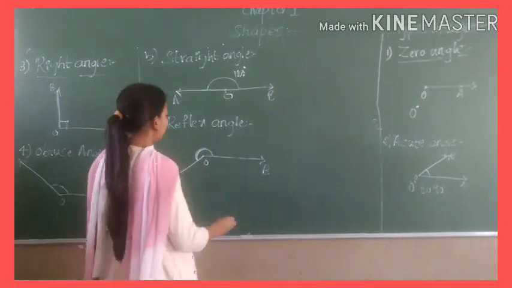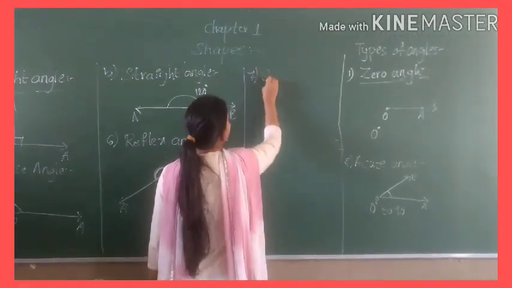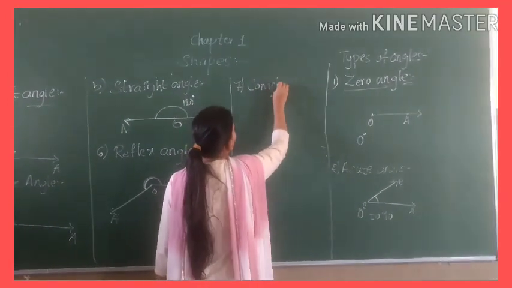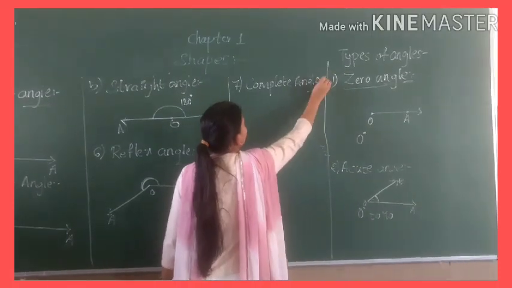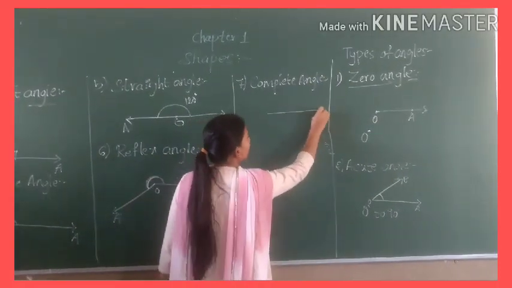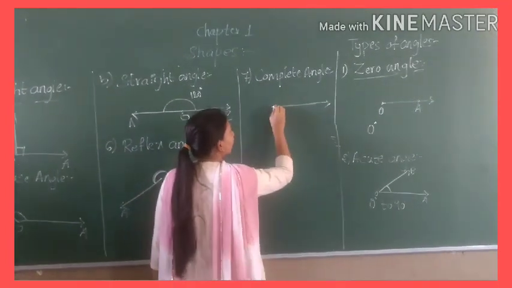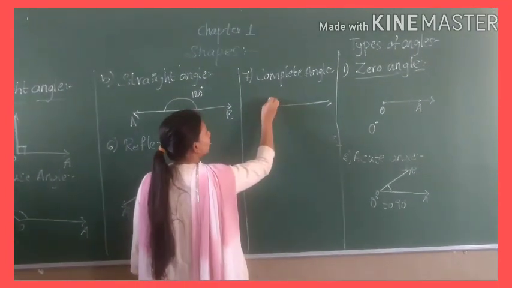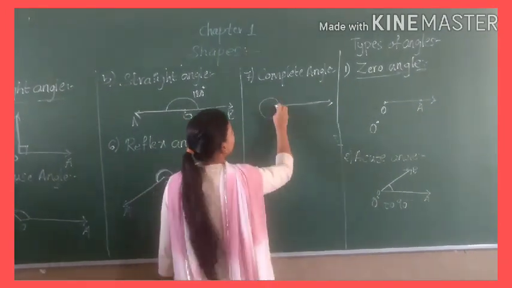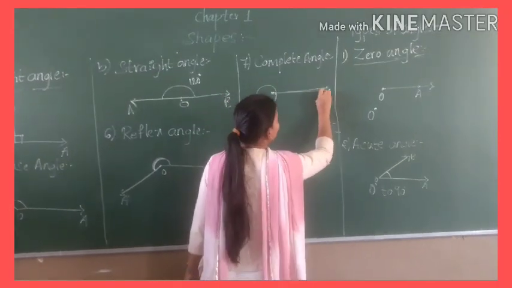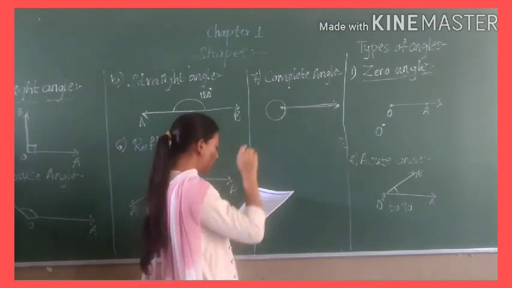Next one is complete angle. See here, if the initial ray is here and the final ray moves like this and comes back to its original position, the initial and the final ray both are at the same position.